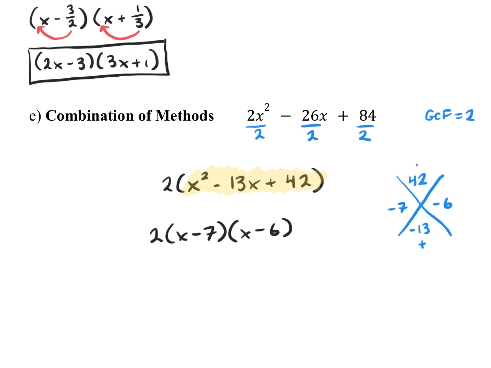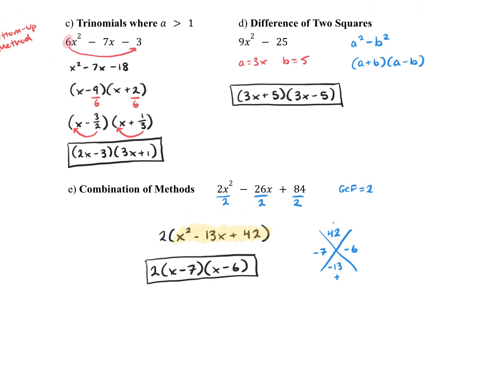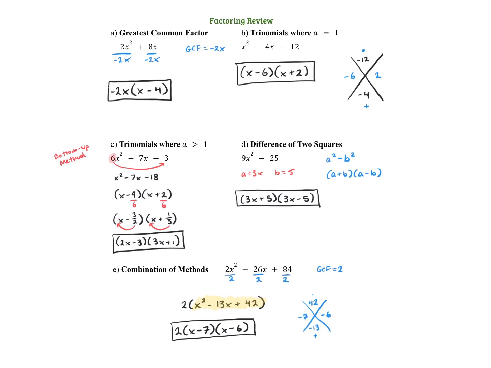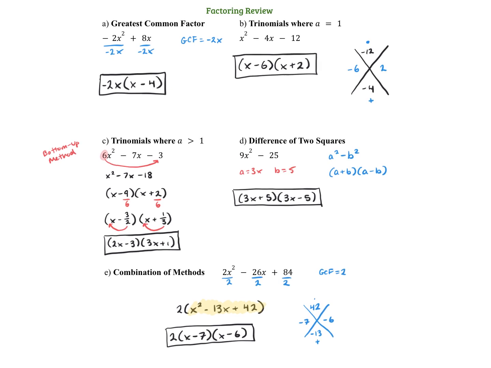So we have 3 factors. And the way we would read this, we would say 2 times x minus 7 times x minus 6. We never actually say the word parentheses when we're reading out factored expressions. So always look for a combination of methods. Check for GCF first, but oftentimes you will be able to factor more after that.